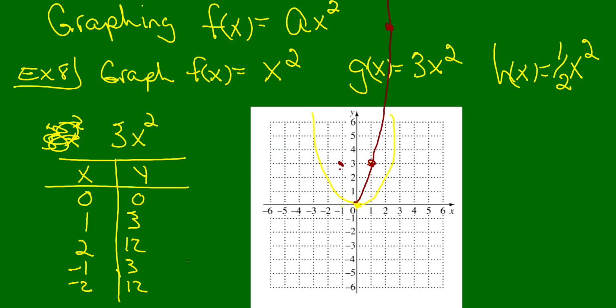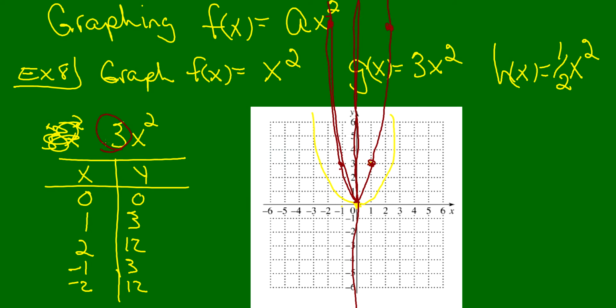Notice negative 2, 12. So I'll go over negative 2, up 12. Then my line is going to come down and complete the vertex. My line of symmetry is the y-axis, which splits it right down the middle. And notice how narrow the graph is because of that multiplier of 3.